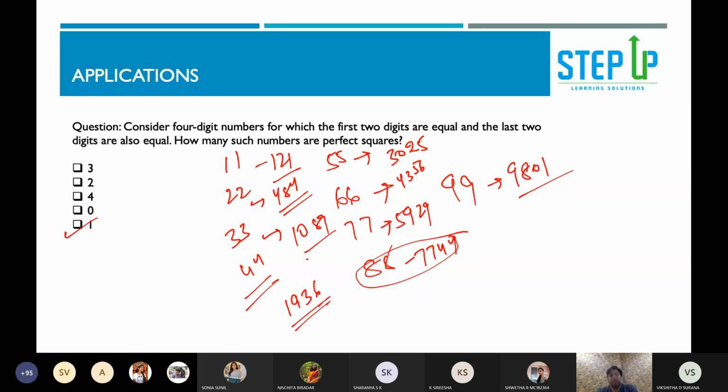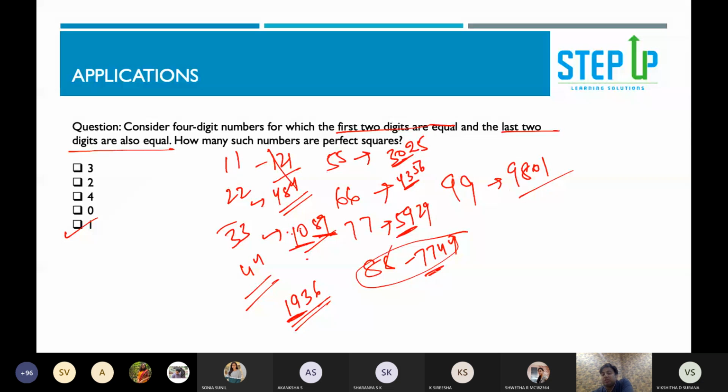Can you explain the last step? Why is the answer 1? Yes, sir. The question is asking that the first 2 digits are equal and the last 2 digits are equal. This is not a question requirement. So here we don't have 4 digits. Here the first two digits and last two digits are not equal. 1089 not equal. 1936 is not equal. 3025 is not equal. 4356 is not equal. 5929 is not equal.